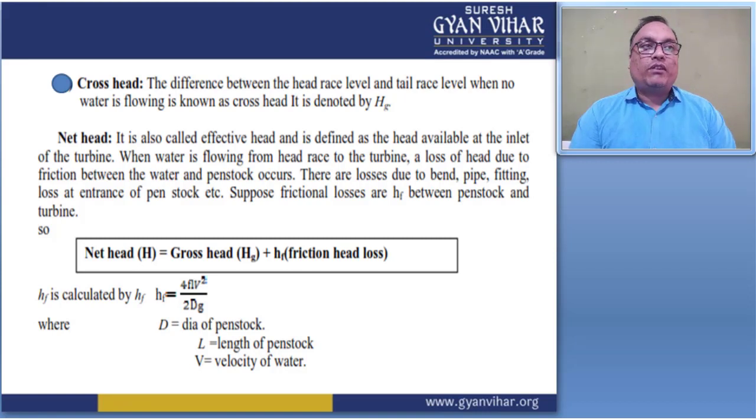When water is flowing from the head race to the turbine, a loss of head due to the friction of the water in the penstock occurs. If the penstock is not frictionless, it creates very high friction, which affects the loss of head, and this produces a friction head loss.